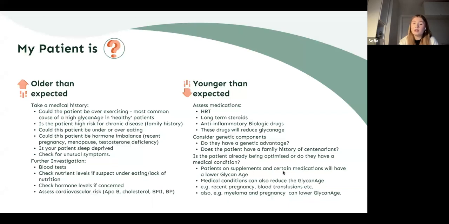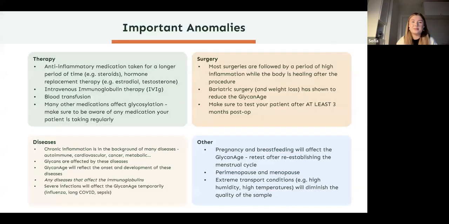They will have a lower GlycanAge. Medical conditions like blood transfusions or recent pregnancy will also reduce the GlycanAge. And also, which is interesting, myeloma will also lower the GlycanAge. And we actually have a case study in the end which discusses this.